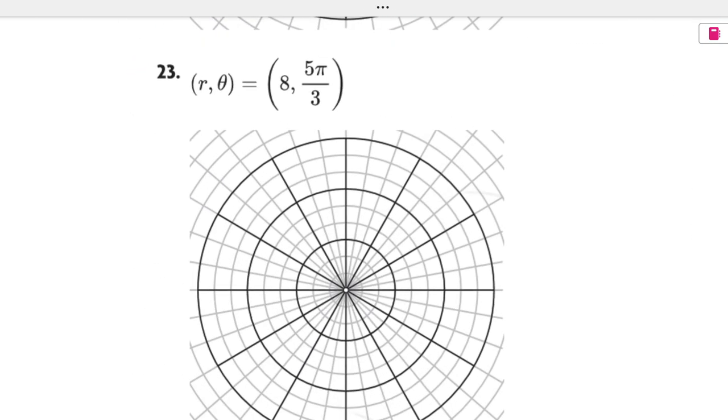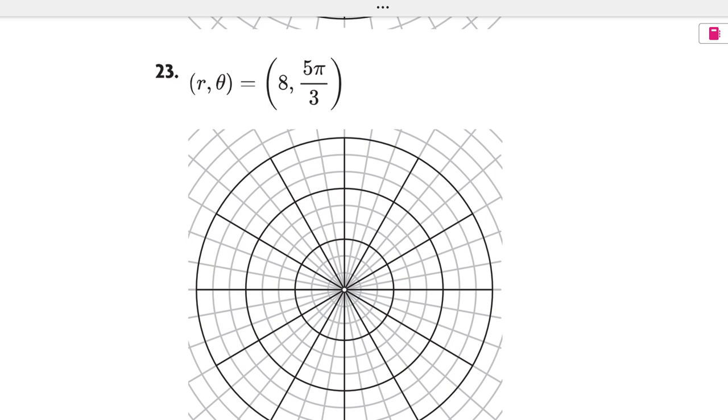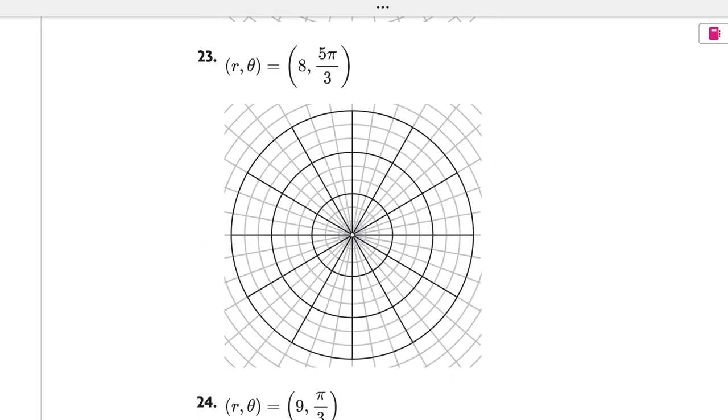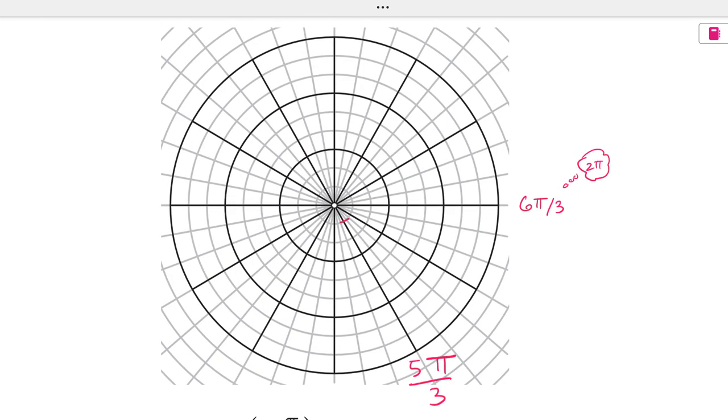Question 23. So 5 pi over 3, right? So here is, I'm going to write this as 6 pi over 3, or 2 pi. So 5 pi over 3 is going to be down here. And we're counting out 8 spokes. So 1, 2, 3, 4, 5, 6, 7.